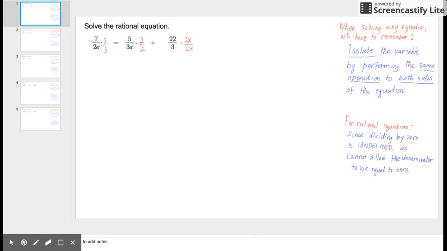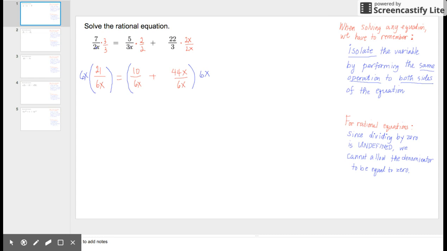Because if we multiply, now we're going to have 21 over 6x equals 10 over 6x plus 44x over 6x. Now clearly we see that the denominators are all the same. Once the denominators are the same, you can now multiply the left side by 6x, the common denominator, and the right side by 6x.